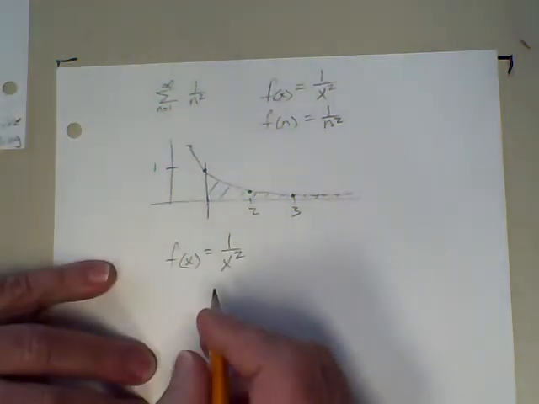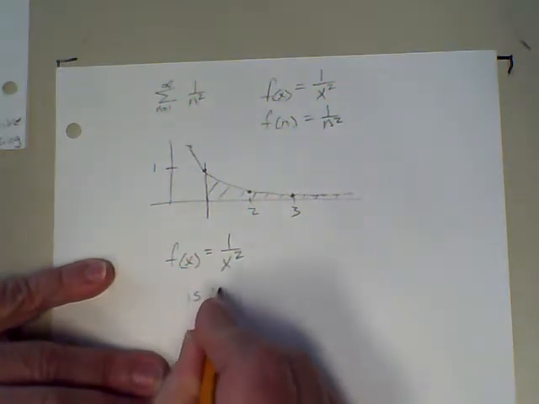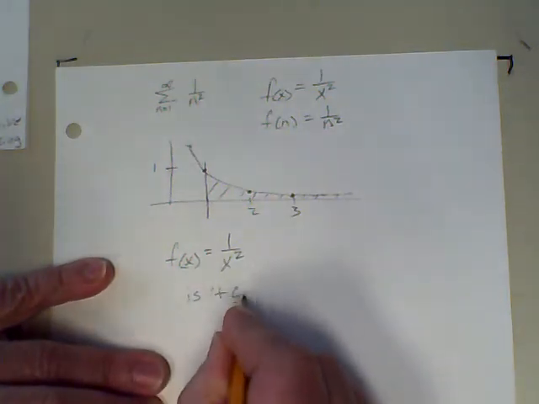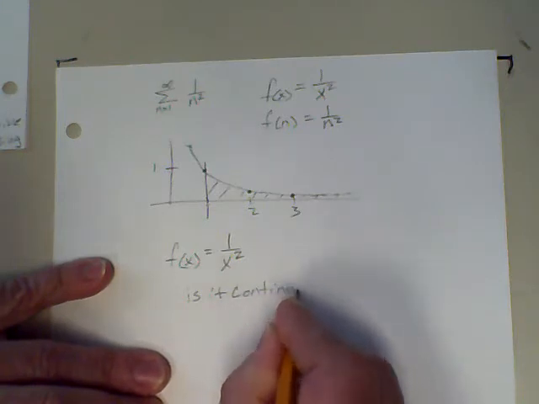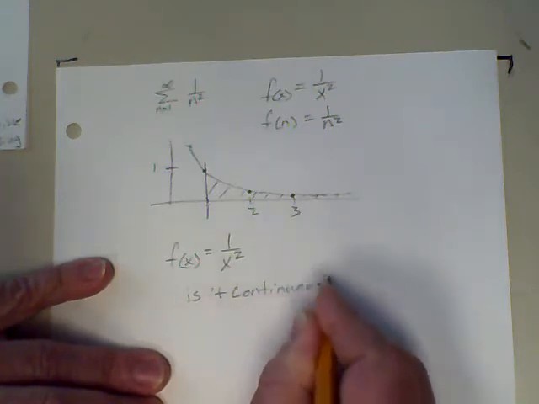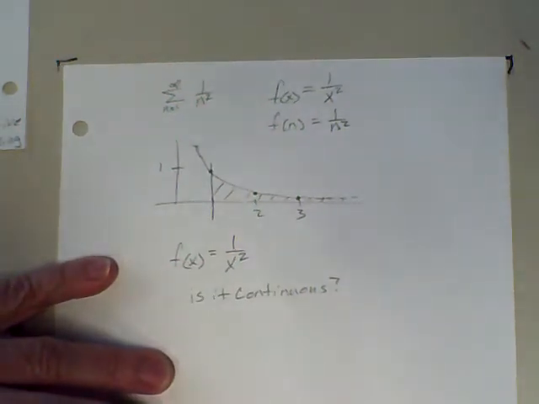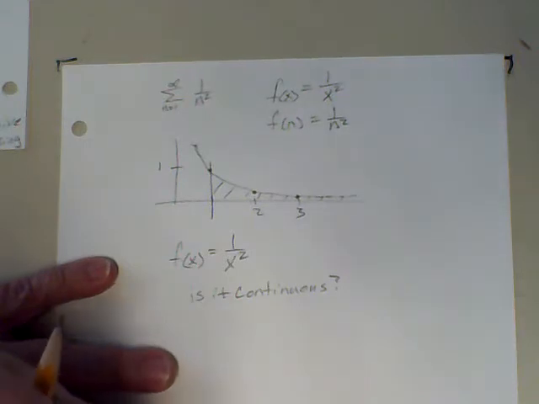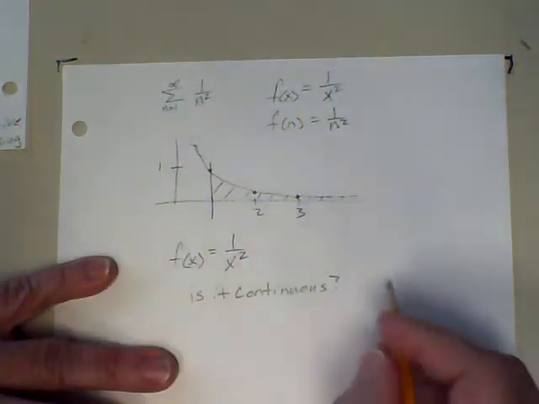Okay? So, is this continuous? And you should be able to articulate a reason why this is continuous. Now, 1 over x squared, that's a rational function, and rational functions are continuous everywhere except where the denominator is equal to 0.